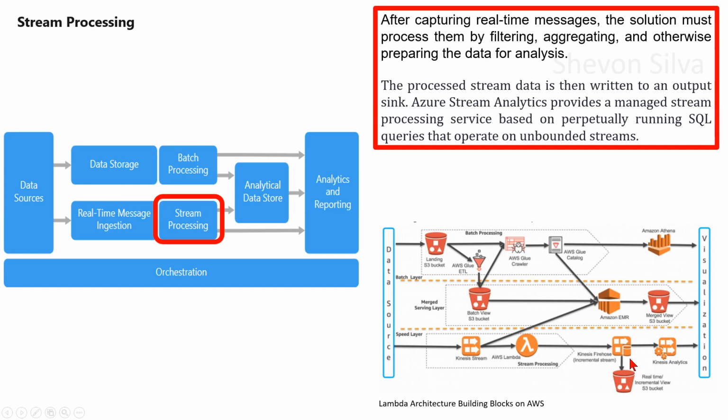Kinesis data firehose also allows customers to execute their custom transformation logic using AWS Lambda before delivering the incremental view to Amazon S3.